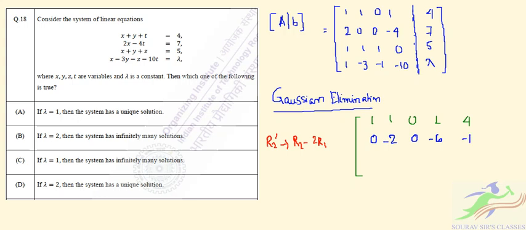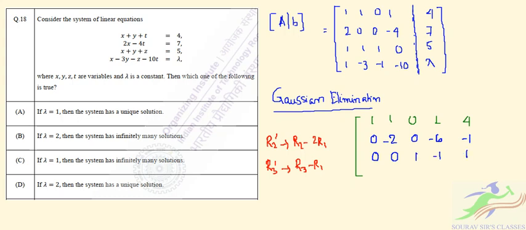Now we do the operation on R3. R3 prime will be R3 minus R1 simply. It will be 0, 0, 1, minus 1 and 1.